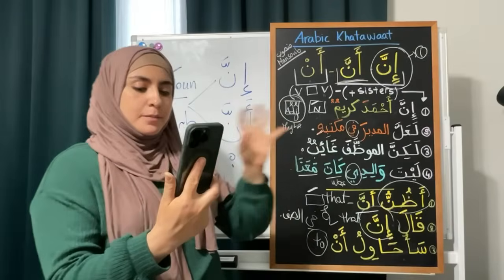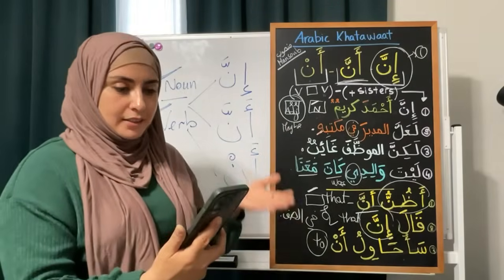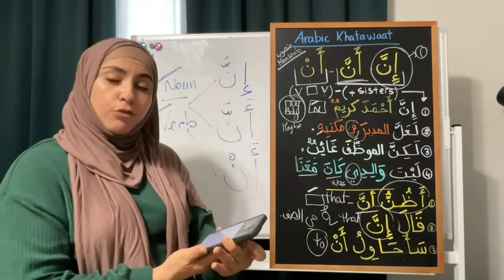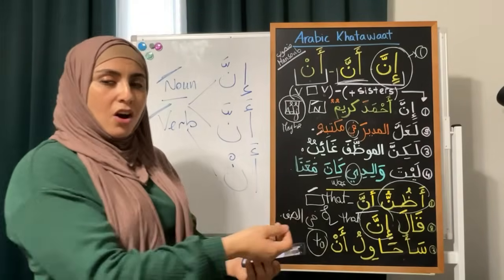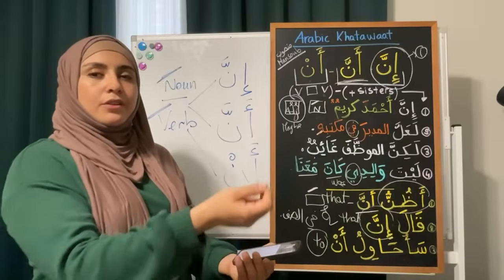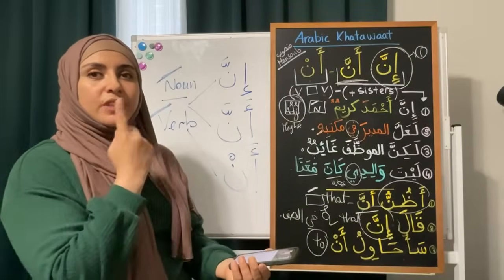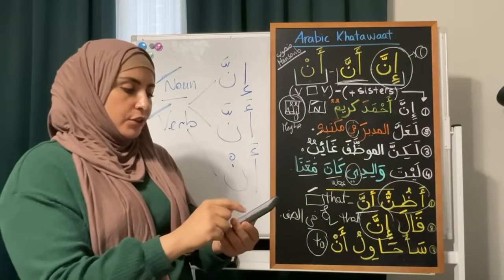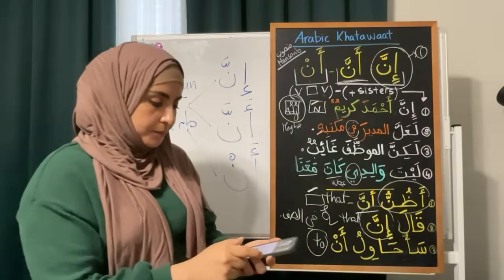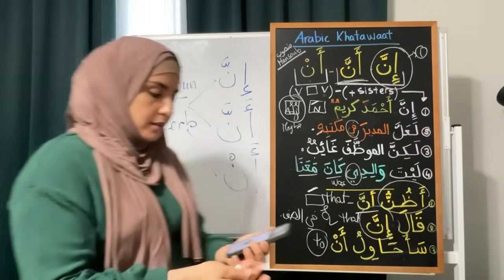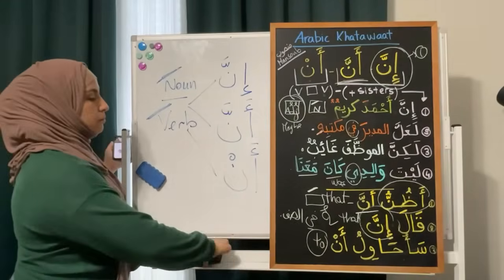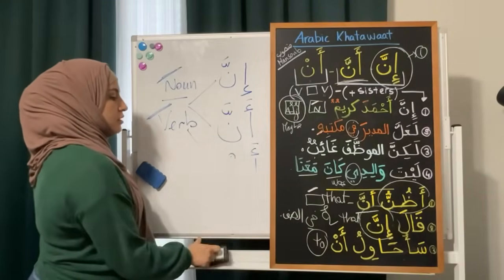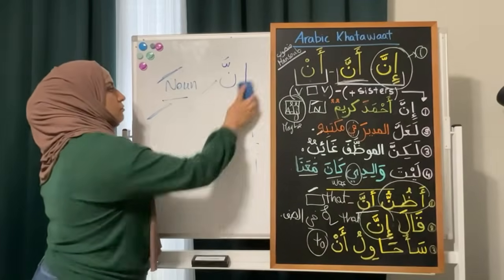So it's like gossip time. Have you heard that? هل سمعت أن فلان قال؟ Have you heard that X and Y? So if I say فلان is Mr. X, have you heard that X said إن الدرس صعب. Have you heard that this person said that the class is difficult?